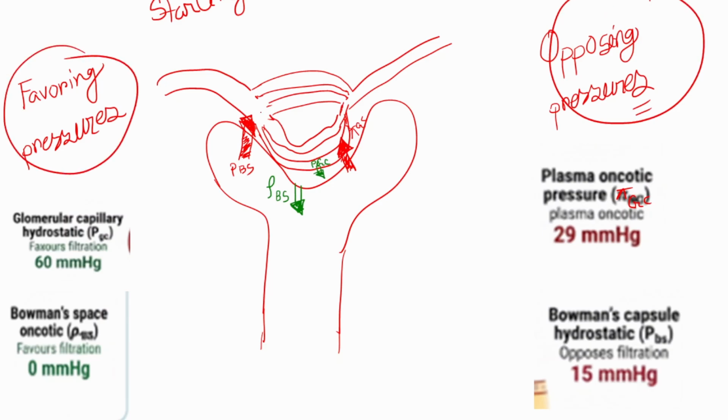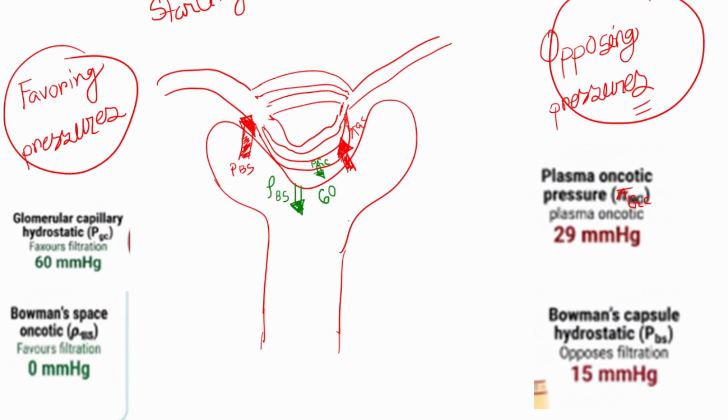First, we establish the glomerular capillary hydrostatic pressure, written as PGC, which is a powerful outward force pushing fluid into Bowman space. That means this pressure tends to push fluid out of the blood vessel into the Bowman space, and this is measured at a high value of 60 millimeters of mercury.